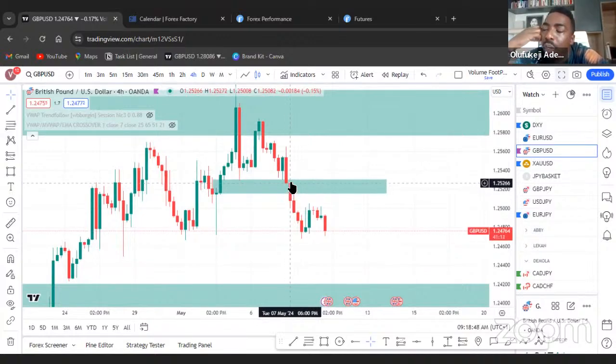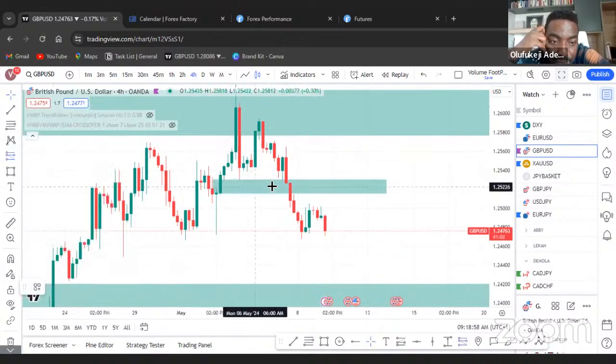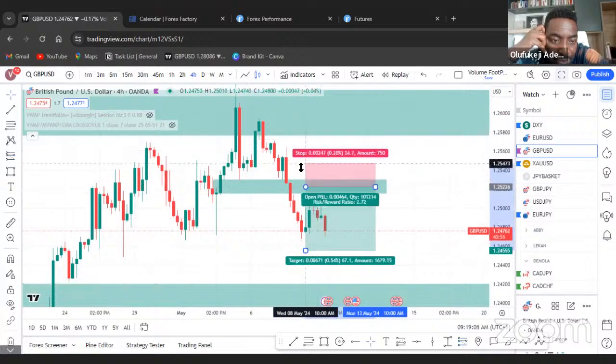So you can put your sell limit there at 1.25. Maybe we'll just do 50% consequent encroachment, 50% of the fair value gap.